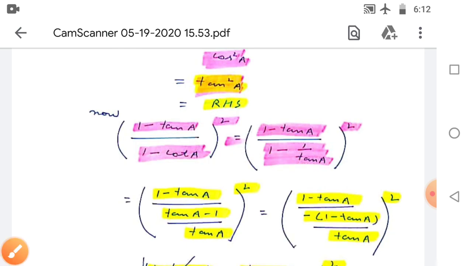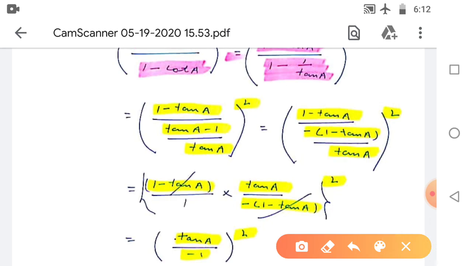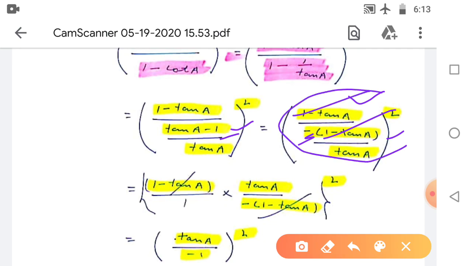Here you have to use a bit of a trick. In the numerator we have 1 minus tan A, and here it was tan A minus 1. The moment you take minus common, it becomes minus (1 minus tan A). Then you can cancel this. This is the important step.